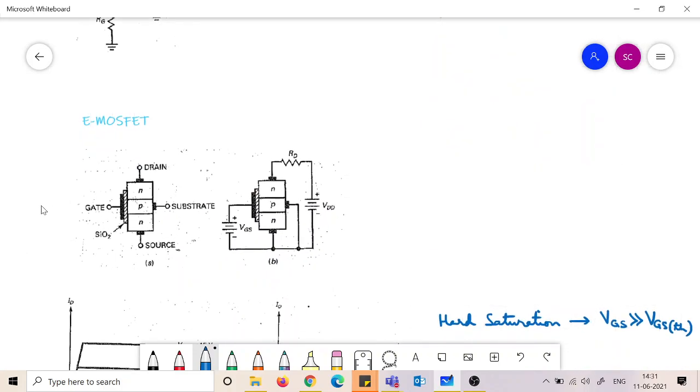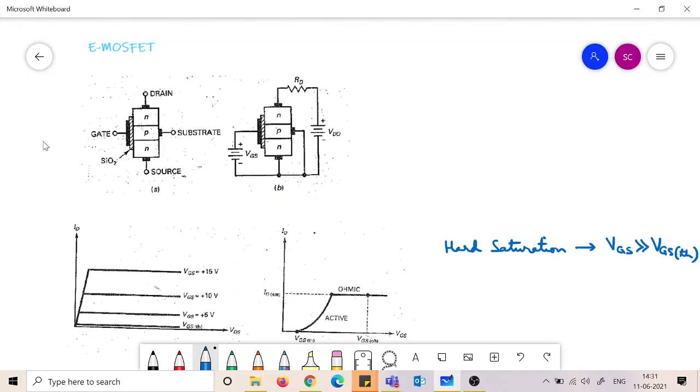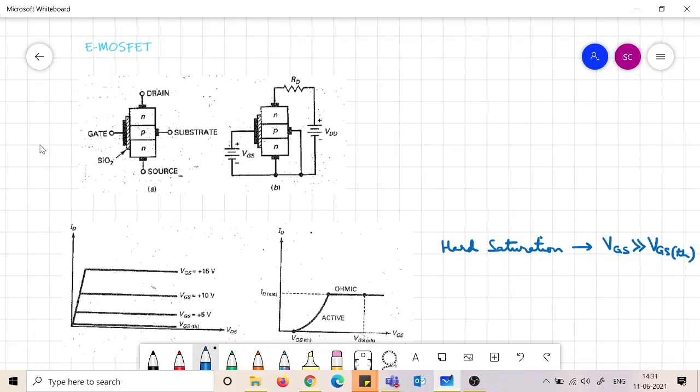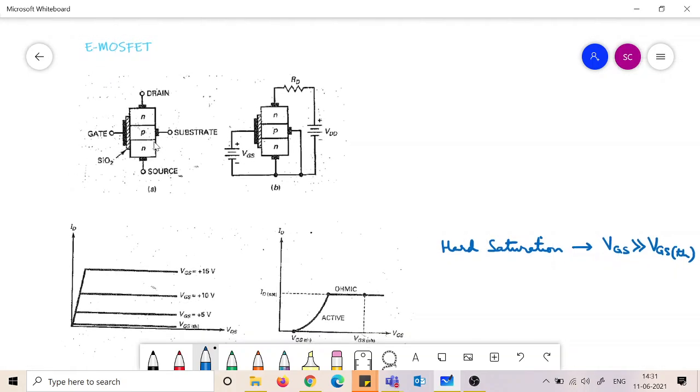Now we come to the enhancement type MOSFET. In construction you can see the difference, very easily you can note the difference. There is no narrow channel appearing anywhere. The entire middle part is the p-type semiconductor. So it is like a bipolar junction transistor, right?